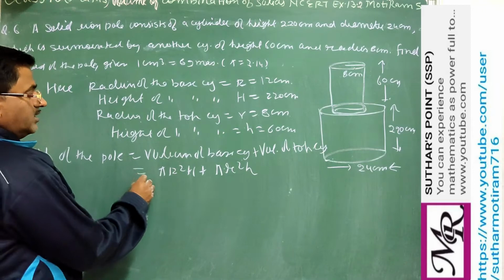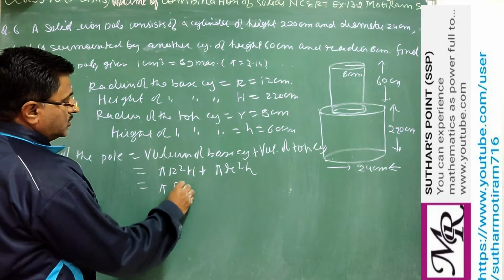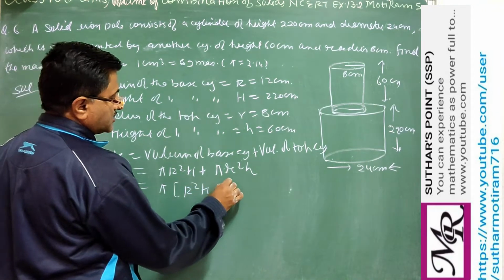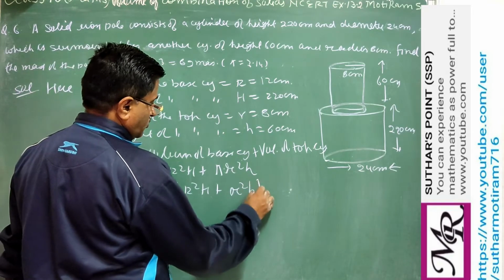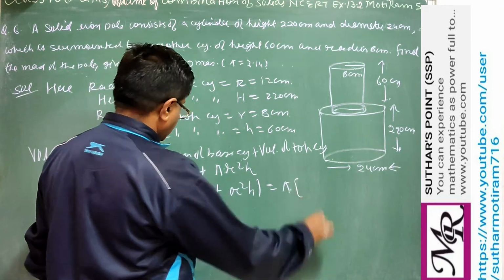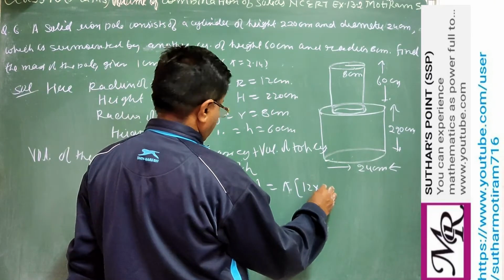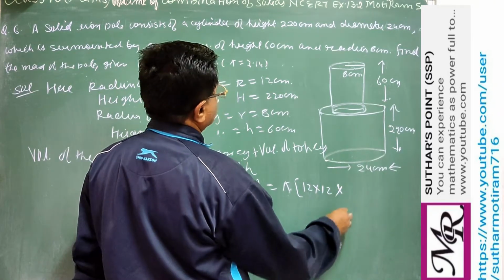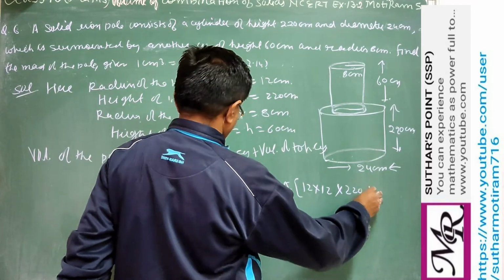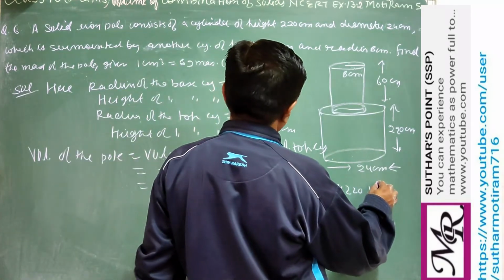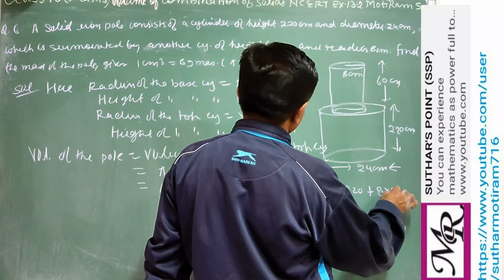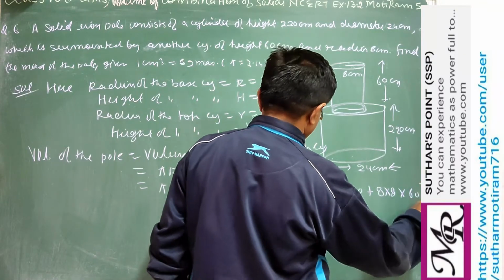So now you can take pi as common. So R square H plus r square h, both are different. So here capital R, that is 12 into 12 into capital H 220, plus small r square, that is 8 into 8 into h, that is 60.